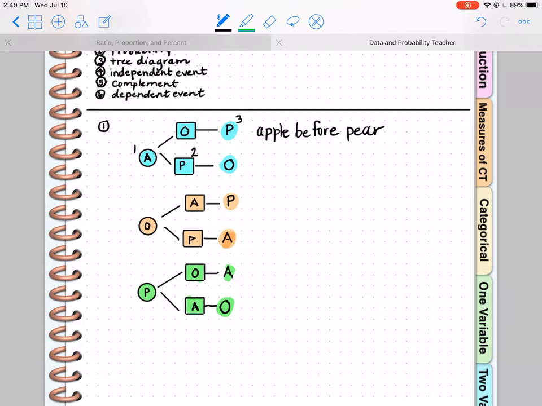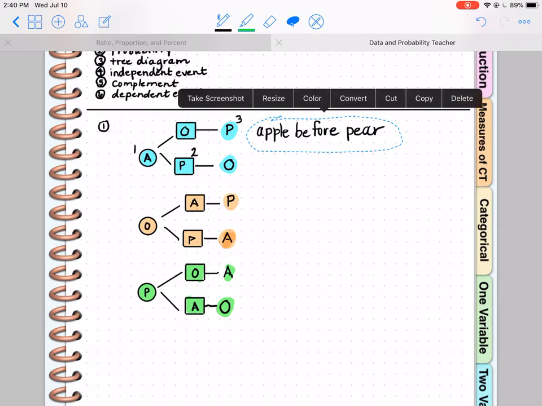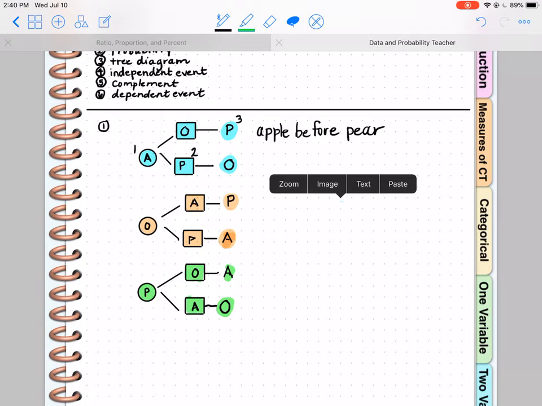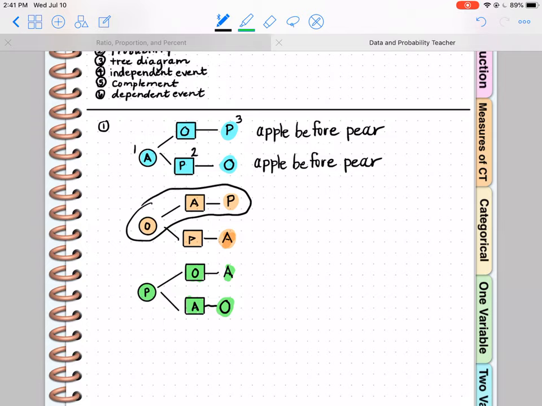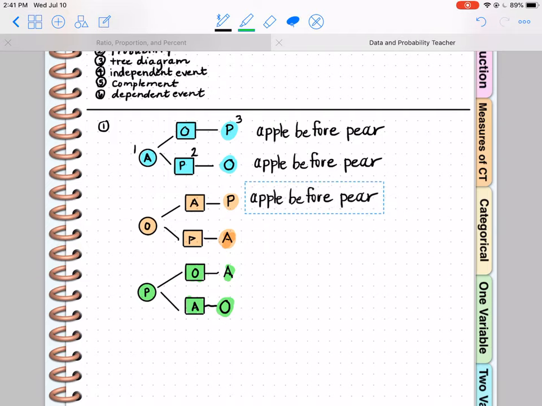So yes, the apple is before the pear. Rather than have to write that every time, just going to plop that right there. Okay, how about this next scenario? I'm looking at this one. Is the apple before the pear? We have orange, apple, and then pear. So yes, even in that scenario, the apple is before the pear.